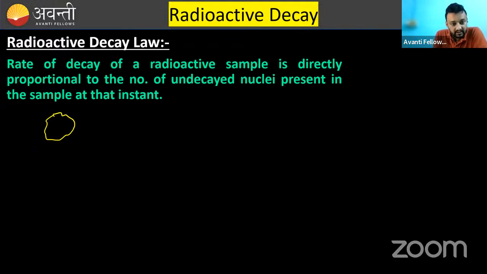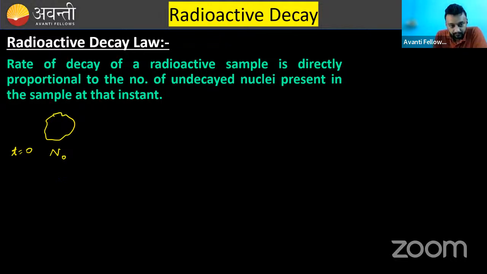If I consider, at time t equals 0, there are N naught active nuclei. Active nuclei means the nuclei which can be decayed, from which disintegration is going to happen.